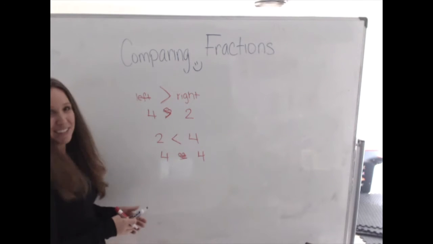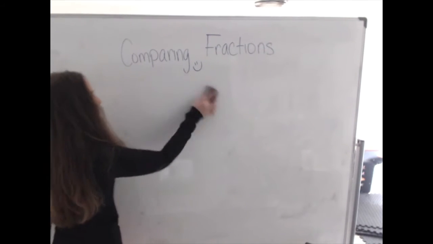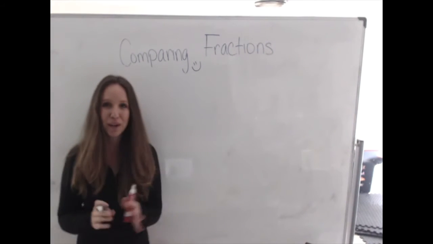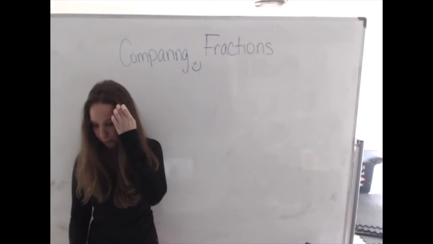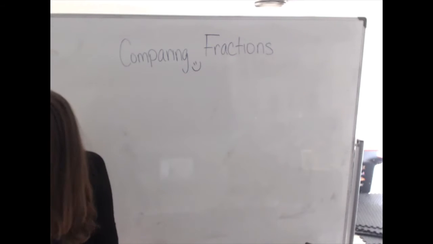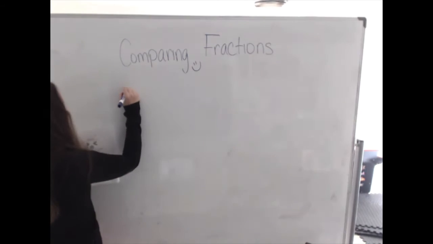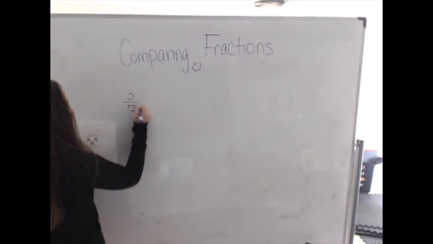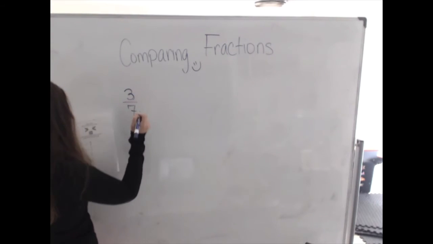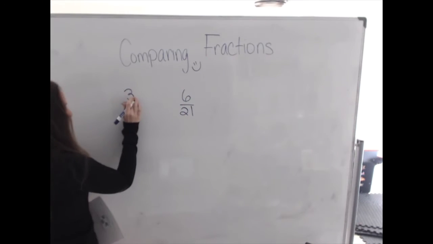So let's get started. If everyone can take out their worksheet, it would be super helpful so you can do your work alongside me. Let's start with the numbers 3/7 and 6 over 21.